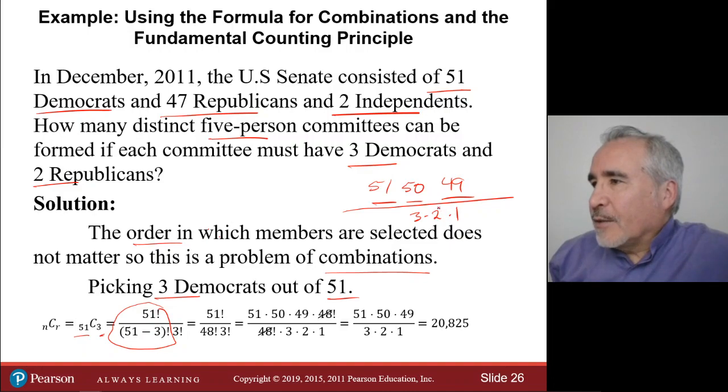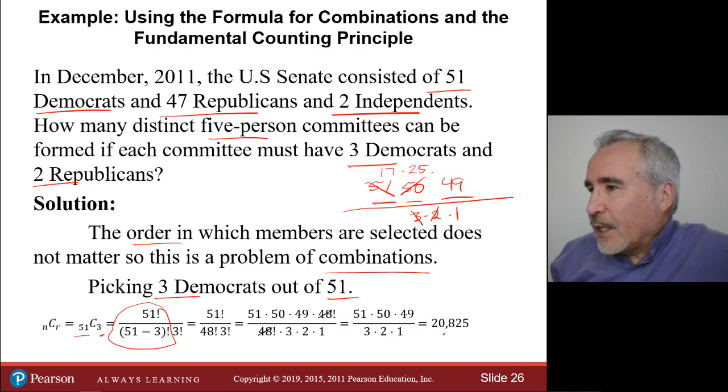And now what I can do is 2 goes into 50, so that's 25. 3, I think, will go into 51. How many times? That's 1, with 2 left over, 17 times. So 3 times 17 is 51. And then we can multiply just these, and we'll get our answer.